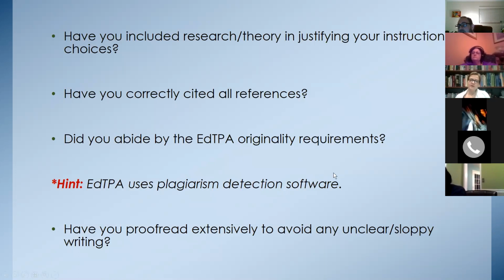Is there any way we could scan our final piece at TPA with TII? Can we submit it somehow for GCU? There's no one at GCU that is allowed to read it. No, but just the TII score, similarity. Oh, can you put it through the GCU Lopes right? Right.